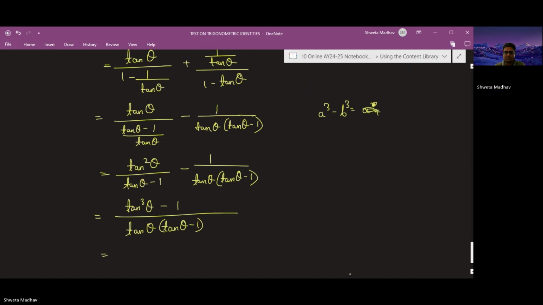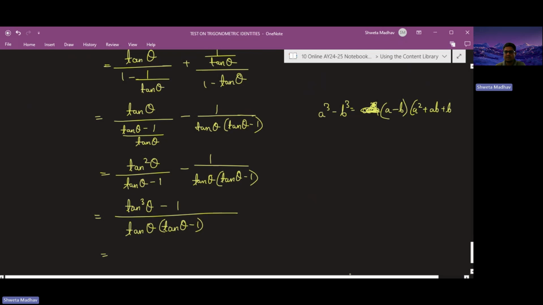So a cube minus b cube is a minus b into a square plus ab plus b square.